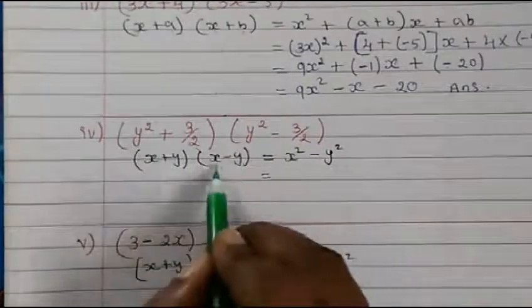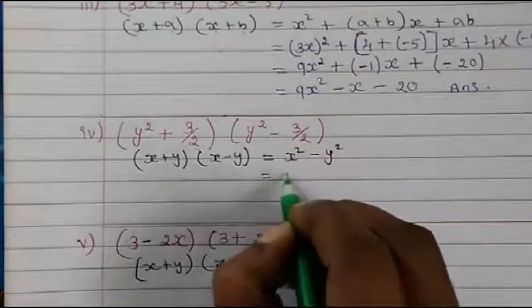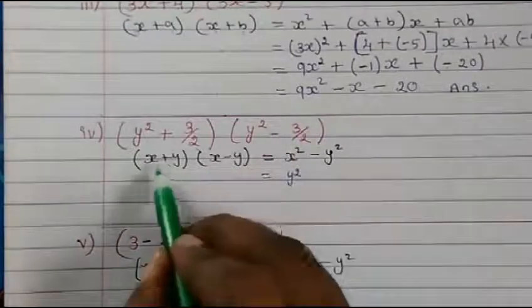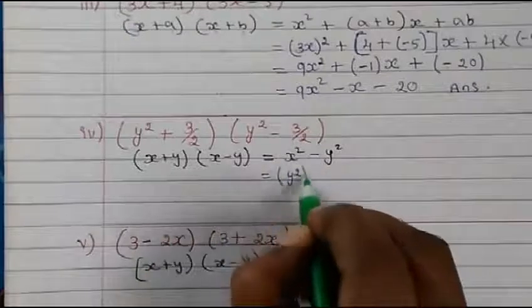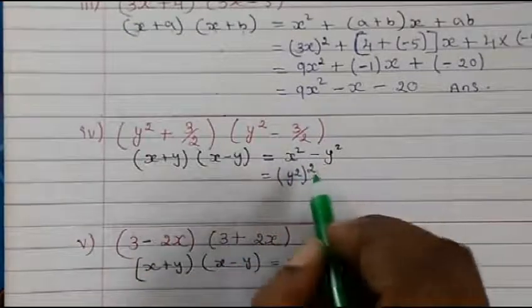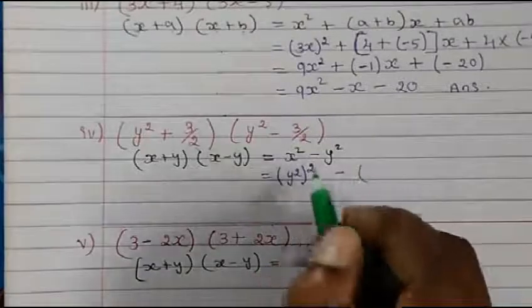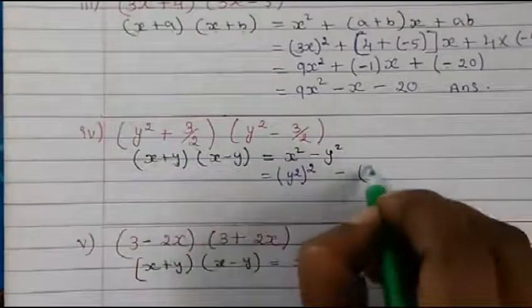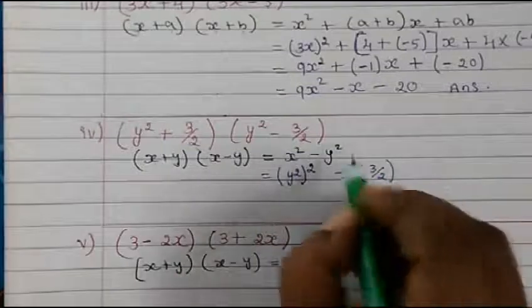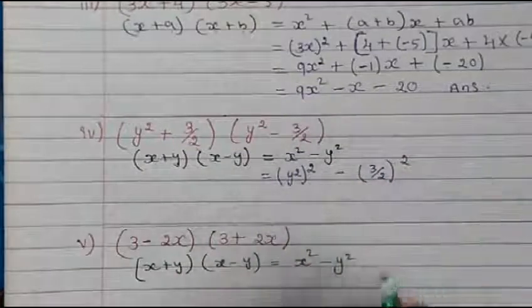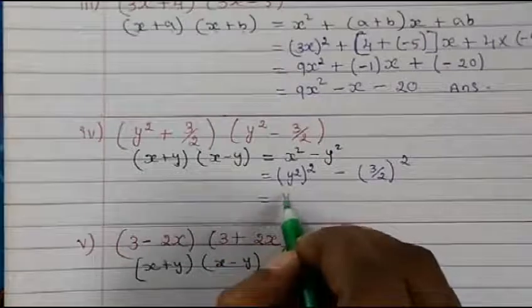So now let's write down here in the place of x, what do we have? We have y square. So y square is there in the place of x. Now whole square, this square we have to write. So when you write, we have to write very carefully. Now in the place of y, what do we have? In the place of y, we have 3 upon 2.